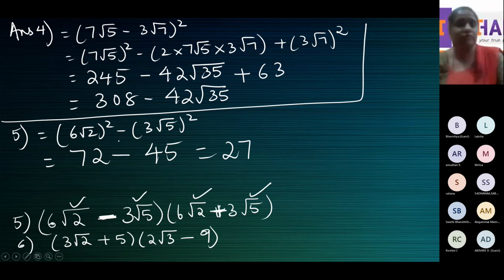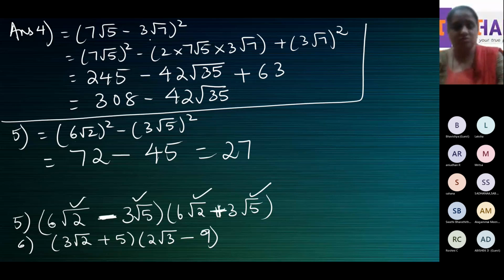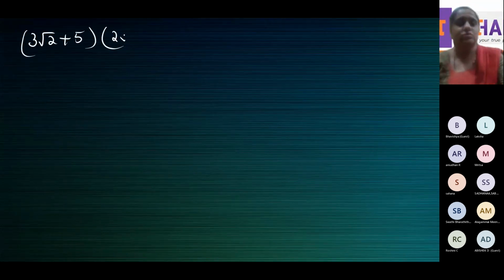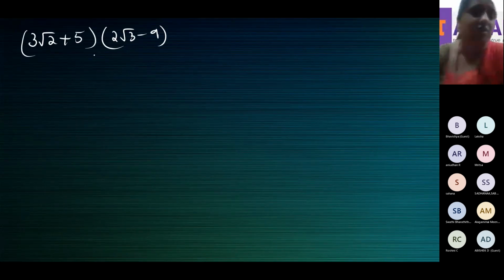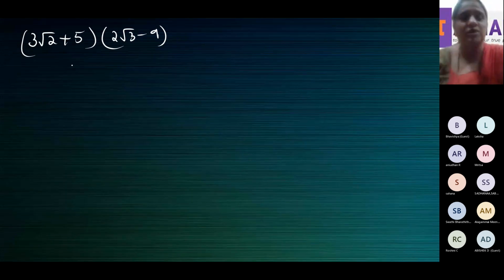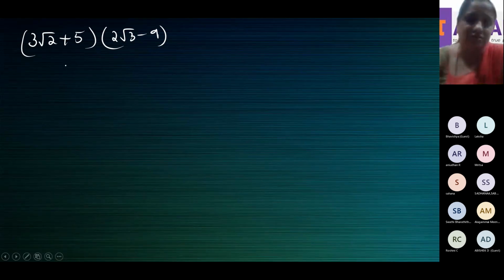What is it? 3 root 2 plus 5 into 2 root 3 minus 9. Yes. Now, this question does not fall under any identity.